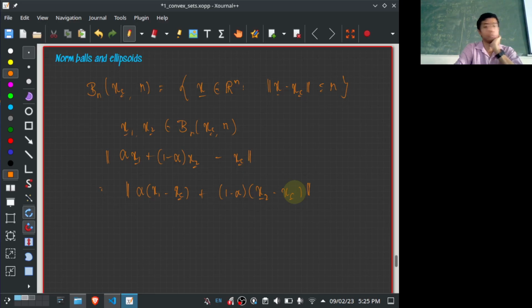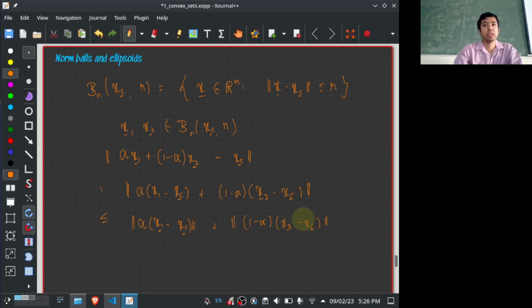Now I can just use the triangle inequality. So this is less than or equal to the norm of alpha times (x1 minus xc) plus the norm of (1 minus alpha) times (x2 minus xc).